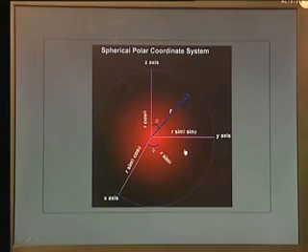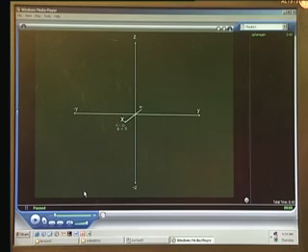Let's see it clearly in one of these animations. In this animation, let me represent the polar angles phi and theta. The angle phi is with respect to the x-axis, an axis perpendicular to the polar axis. The angle phi is defined as 0 to 360 degrees.